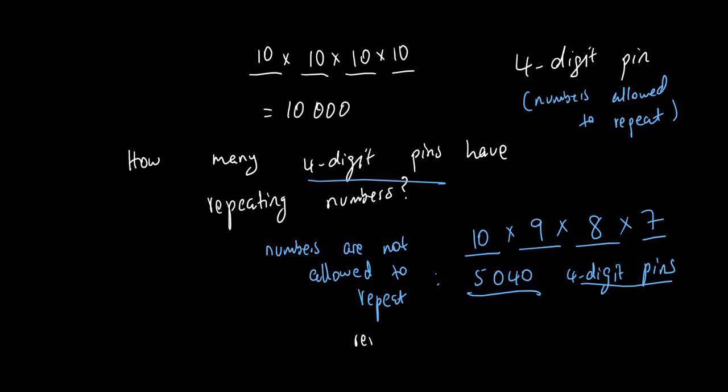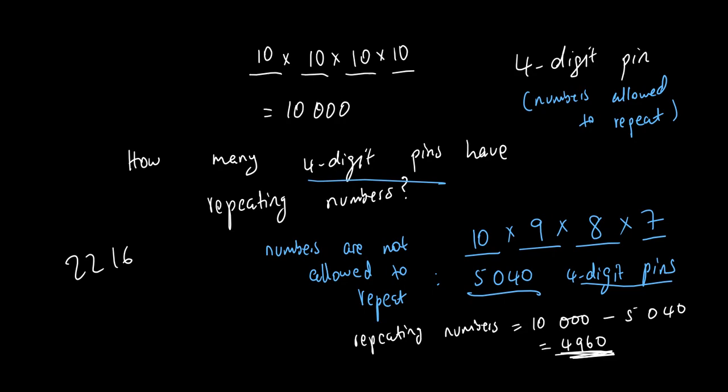So those with repeating numbers are going to be 10,000 minus 5040. I get 4,960. So these 4,960 are pins that have repeating numbers, for example 2216 or 5883.